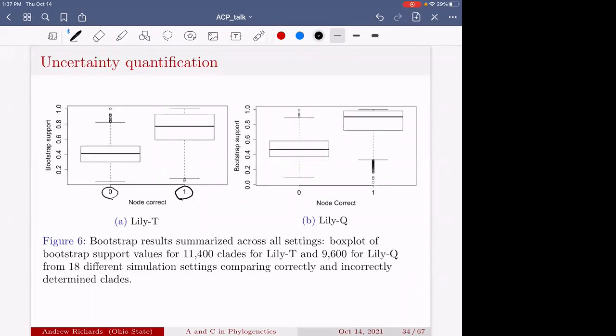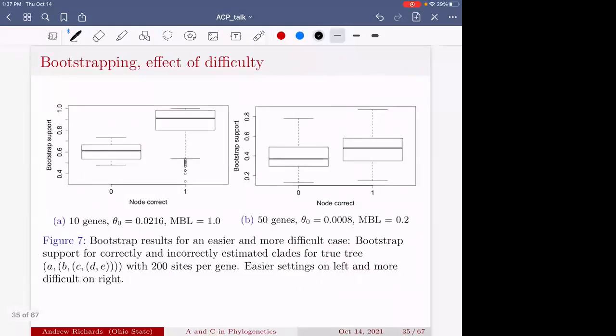And so that indicates that bootstrap support is not a probability, but when you have high bootstrap support, that's an indication that you got it right. And then we tried different ways of de-averaging this connection between bootstrap support and accuracy. So this over here is kind of an easier case, and this over here was a harder case in terms of shorter branch lengths, less mutation.